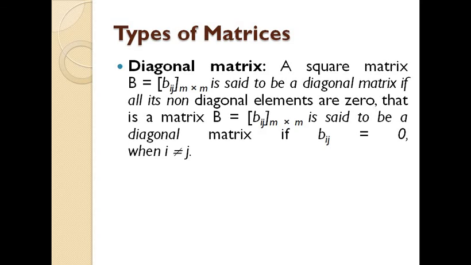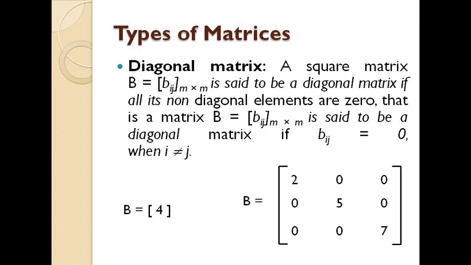Let us see with the help of an example. B is equal to 4. Now here you can see there is only one element, so the diagonal is constituted by only one element, A11. So there are no other elements, so there is nothing to think about non-zero elements.